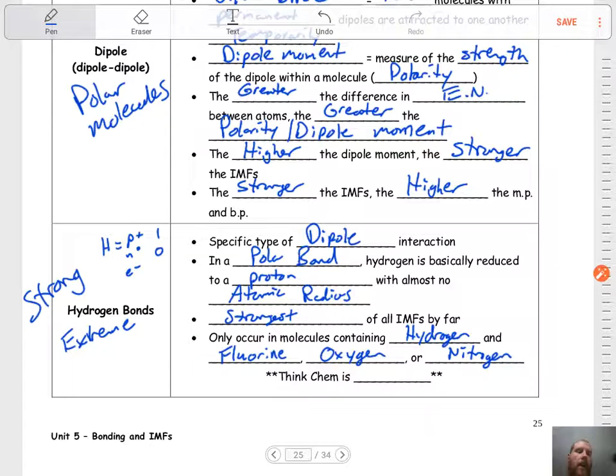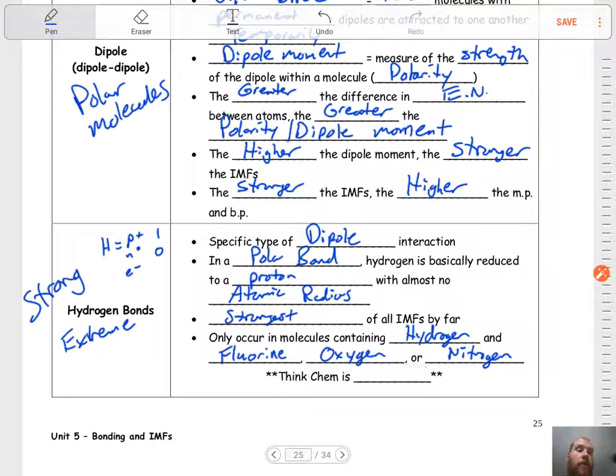Okay, it's hydrogen bonded to fluorine, so you've got HF, you've got HO, like H2O, really, is the way you want to think about it, and then nitrogen. So if you've got nitrogen and hydrogen in the compound, so something like ammonia or something like that. Okay, we're not going to worry too much about it. So just think about those 3 elements.